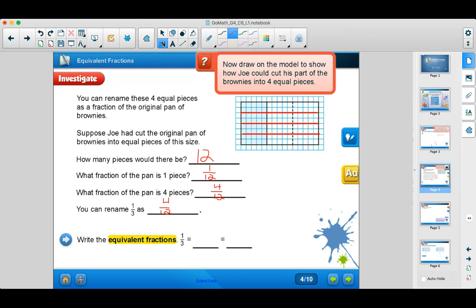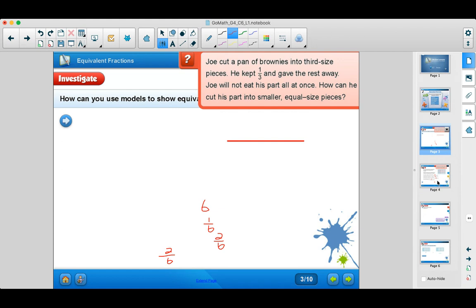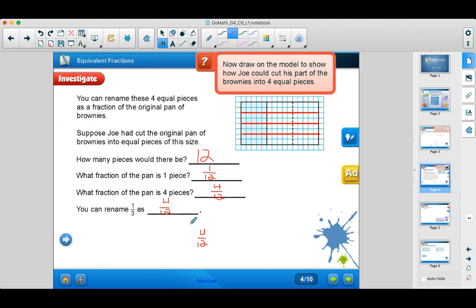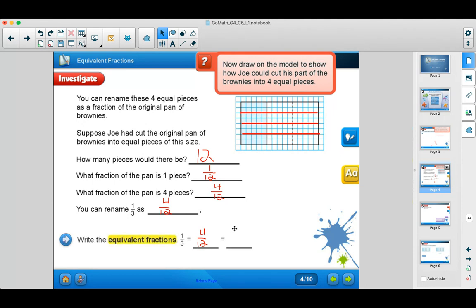But from the previous page, it's also equivalent to 2/6.